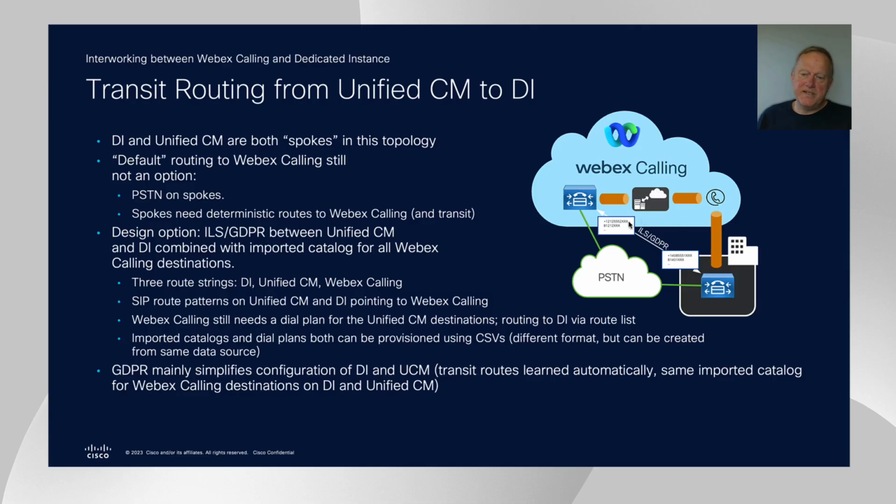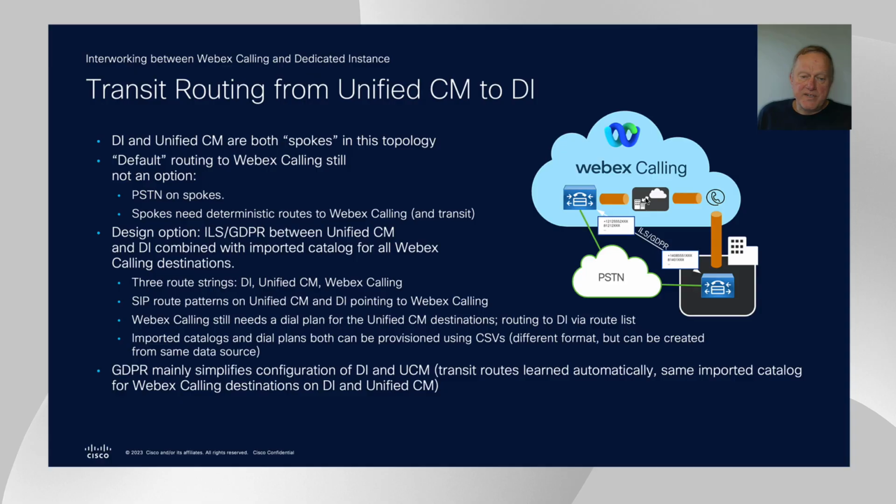Keep in mind that the ILS topology, or the topology of connections that's used to exchange reachability information, is independent of the SIP trunking topology. So you could have an ILS GDPR exchange directly between these guys and then still route the calls via Webex calling multi-tenant. The way to achieve this is to basically have the SIP route patterns that route on the SIP route strings of these catalogs exchanged, to have these SIP route patterns point up to multi-tenant from both sides, and then this would actually work.